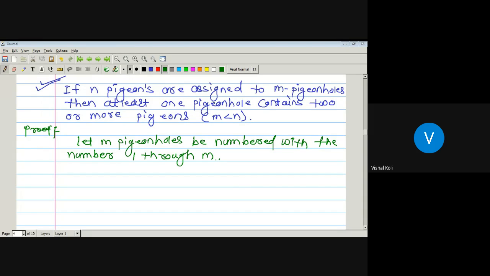Okay, just here we have given the numbering for the pigeonholes. So beginning with pigeon 1, each pigeon is assigned in order to the pigeonhole with the same number. Okay, first we will fill up each pigeonhole with corresponding pigeons.